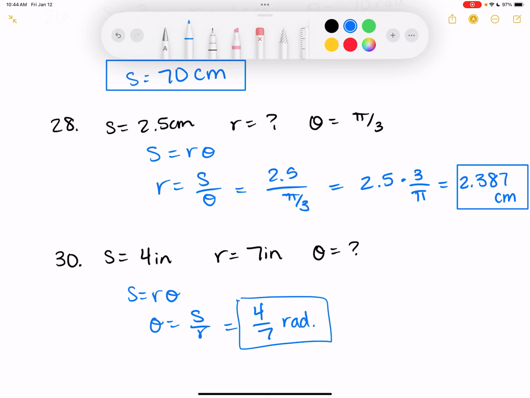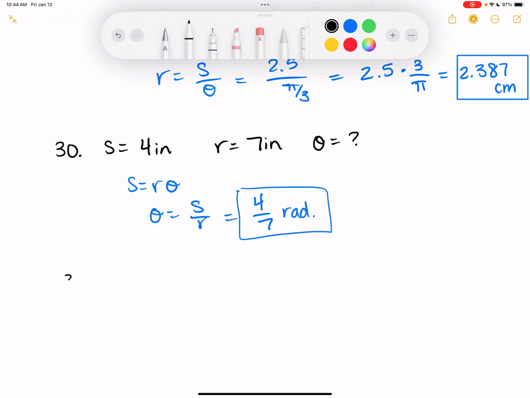All right, do y'all need to see one where we're converting the degrees to radians, or are we good with that? Probably one. Okay. So 32, we have S is the unknown value, R is 5 feet, and theta is 18 degrees.